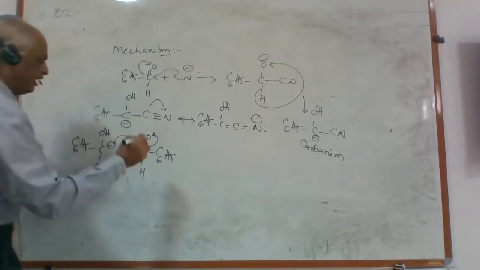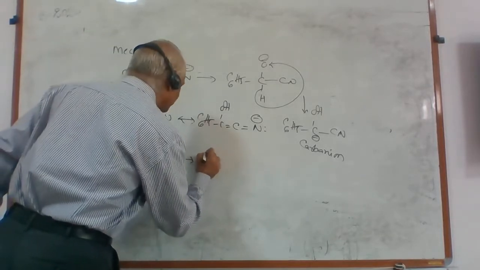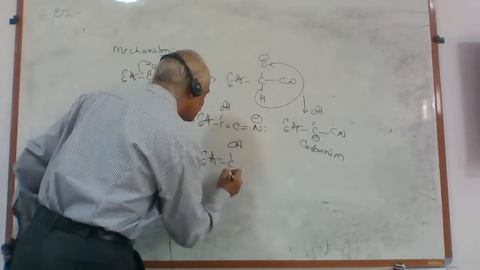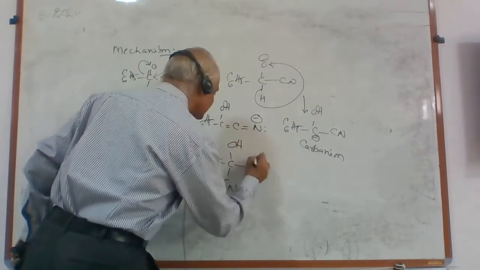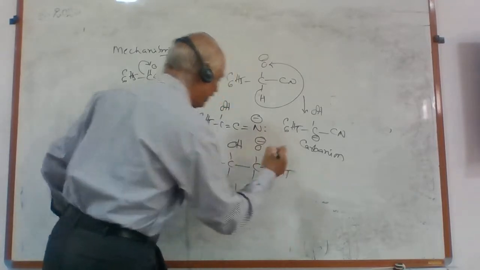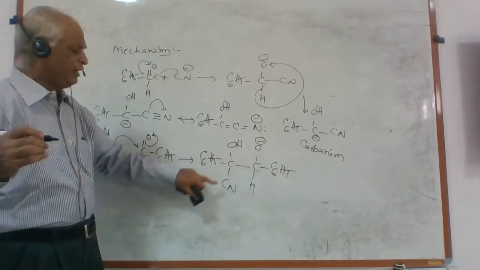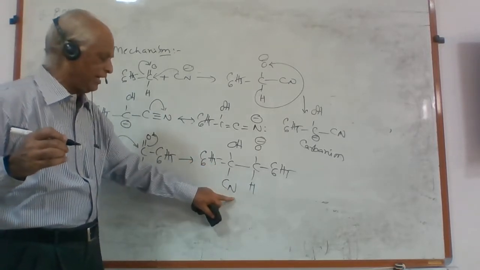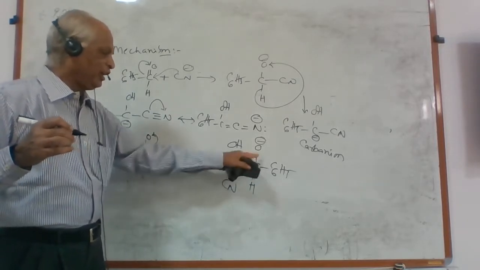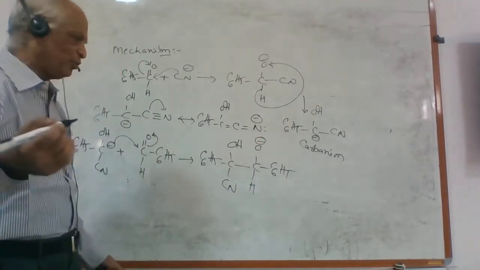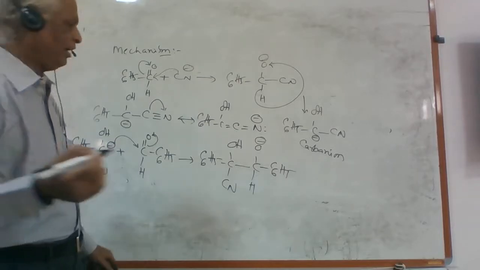This negative charge attacks the carbon atom, forming C6H5 C OH CN, C O minus, hydrogen, C6H5. Now, if I remove this CN group as cyanide ion, and remove this negative charge, the benzoin condensation is over, but it's not possible.